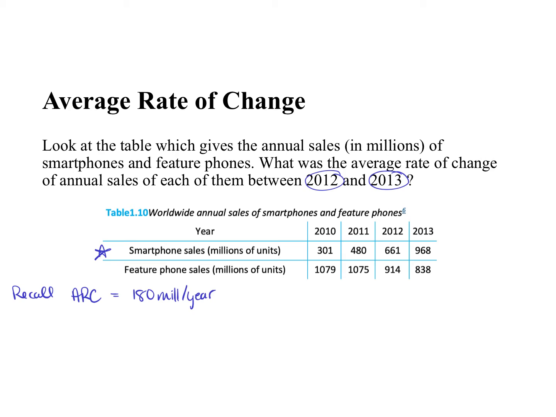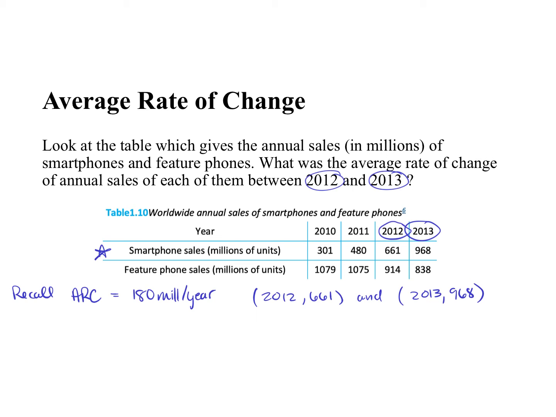But now we want to take a look at what the rate of change is between 2012 and 2013. So again, you can write the points down as an ordered pair. 2012, 661, and 2013 was 968 million iPhones.